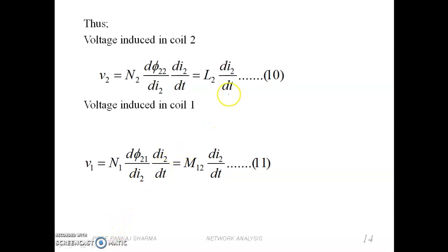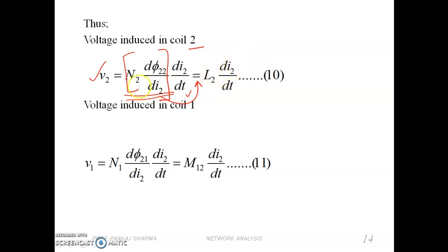Therefore, voltage induced in coil number 2 will be V2 is equal to N2 into d phi 22 by di2 into di2 by dt. This is our self inductance of coil number 2, L2. So replace it with L2 into di2 by dt.